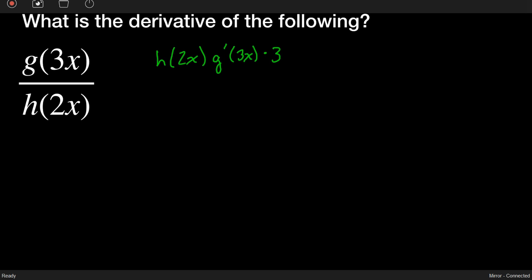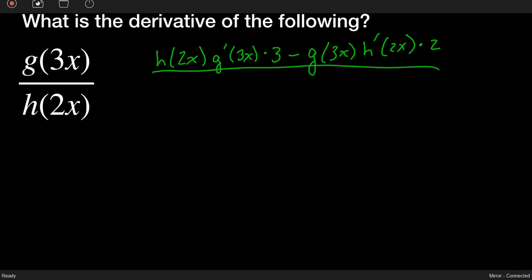So that's bottom times derivative of the top minus top times derivative of the bottom, which is h prime of 2x times derivative of the inside part there, over the bottom squared. And about the only thing that you could do to clean this up a little bit would be to bring the 3 to the front and bring this 2 to the front right here. Other than that, this is done.